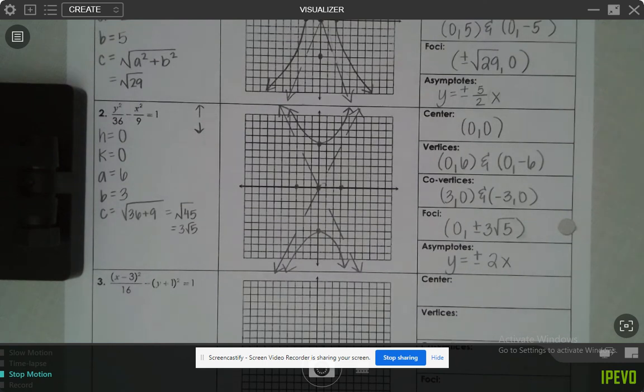Just look at which one opens or which one's first, because that's how you know it opens. Yes, you would. Yes, you would.